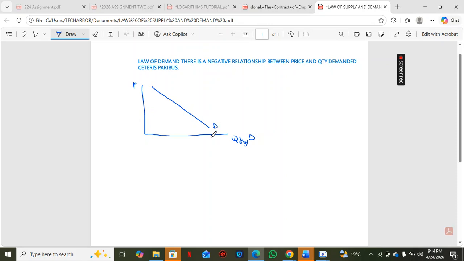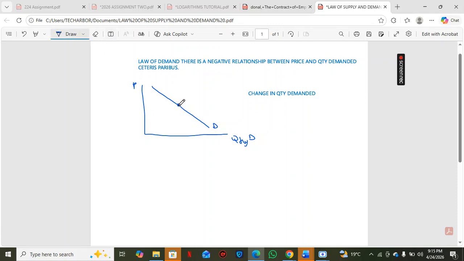With this graph, we must remember the difference between change in quantity demanded and change in demand, because these are going to be helpful here. Change in quantity demanded is just represented by a movement along the demand curve.